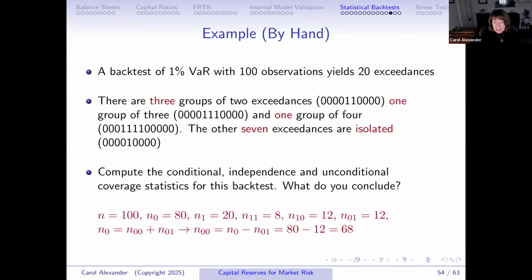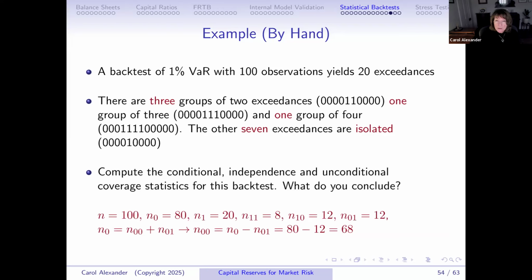And what about the expected proportion and the observed proportion of exceedances? The pi exp, or the pi obs, because we can do the independence test, and we can do the clustering test, depending on whether we use pi exp, that's for the clustering test, and pi exp is 1%.